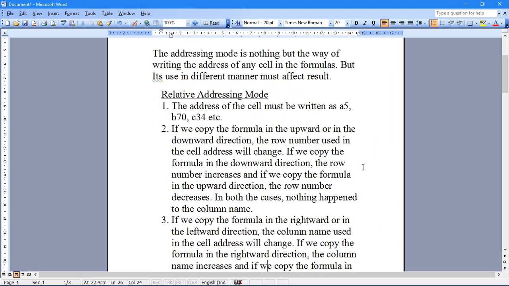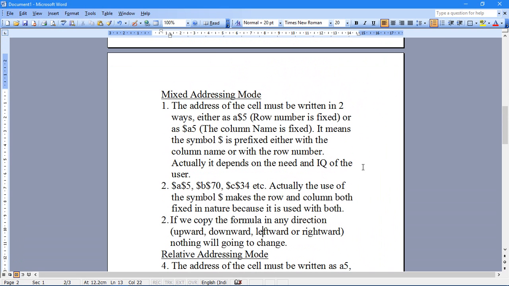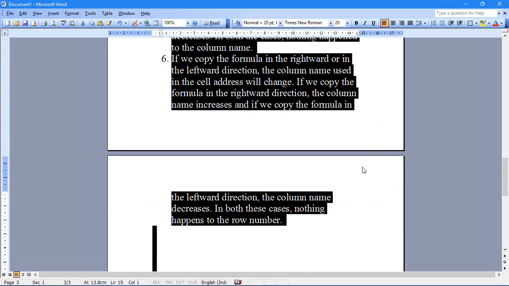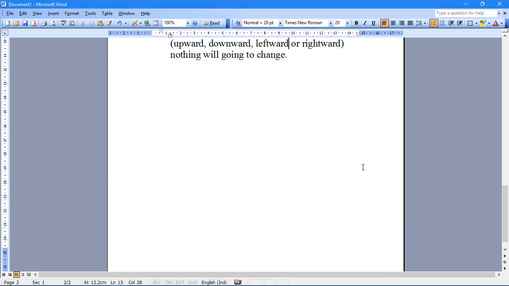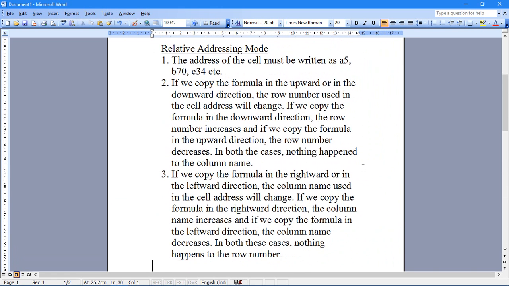Something is going wrong, I think. Mixed addressing mode. No. Okay. From where does it come? It is unnecessarily copied. This is my fault. I'm checking again. I have already discussed relative addressing mode with examples.